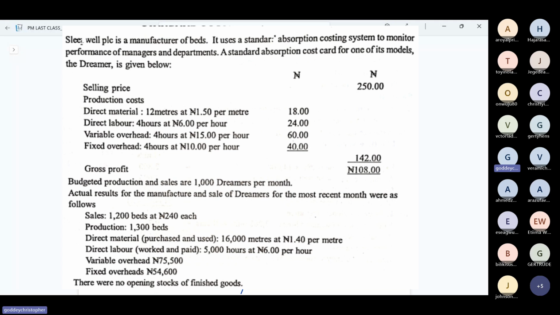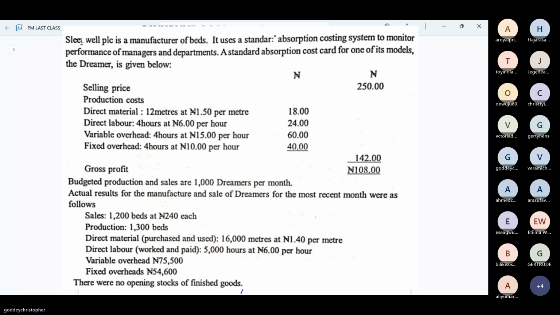Selling price, 250 naira. Production cost: direct material 12 meters at 1.5 per meter, direct labor 4 hours at 6 naira per hour, variable overhead 4 hours at 15 naira per hour, fixed overhead 4 hours at 10 naira per hour. And then you have your gross profit.